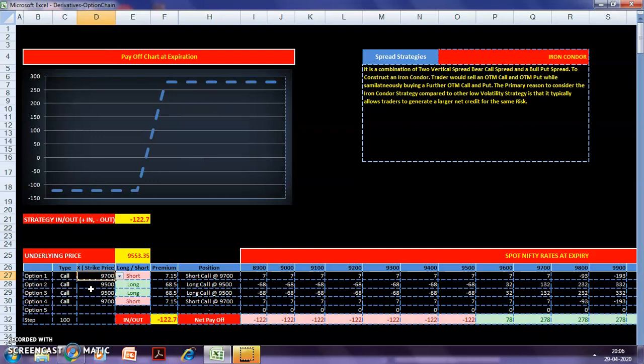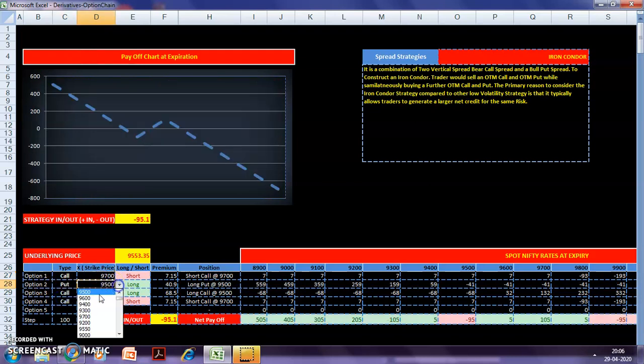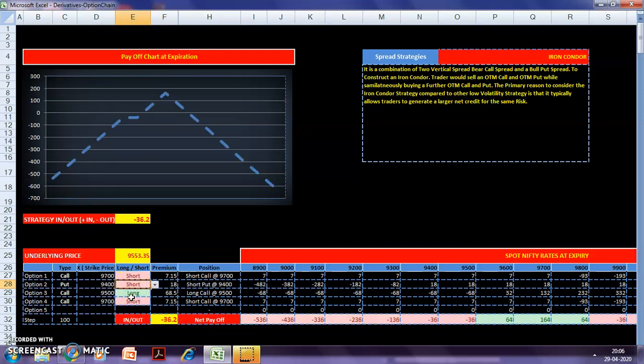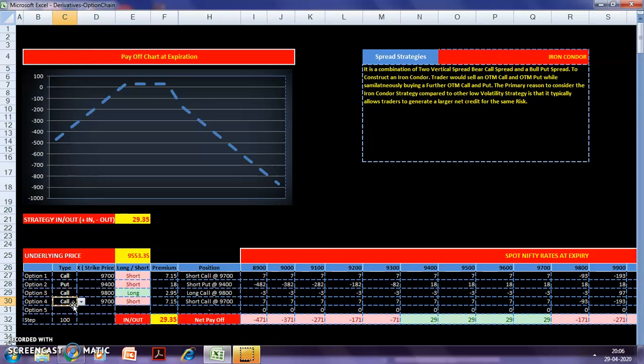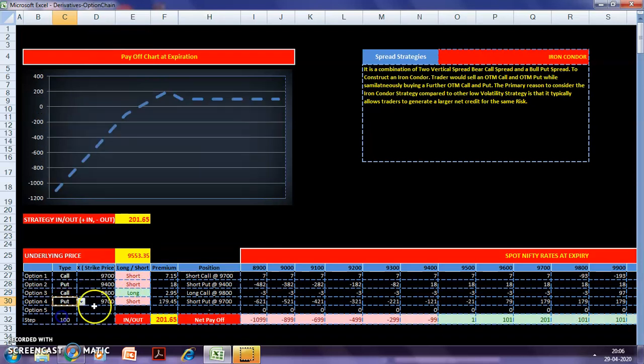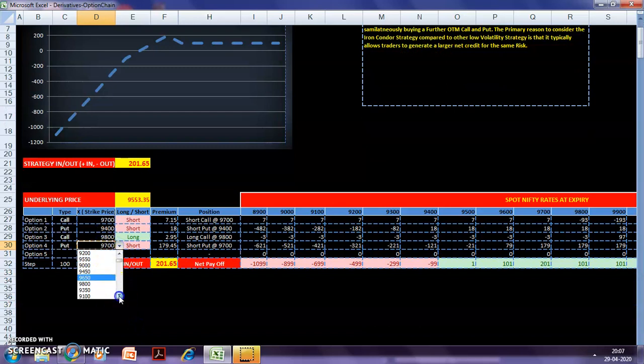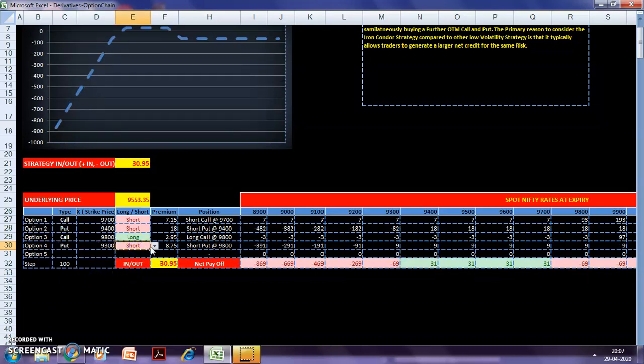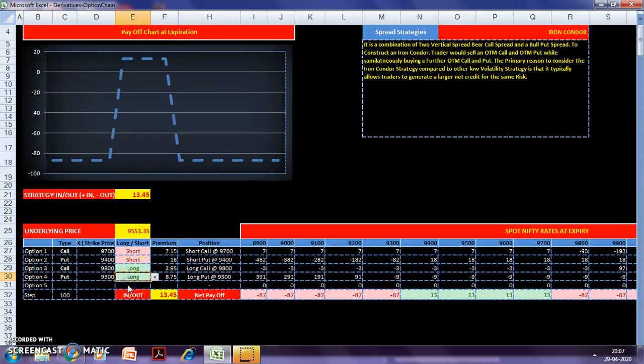So we sell a 9700 call, and we sell a 9400 put, while simultaneously buying a further out of the money call, a 9800 call, and a further out of the money put, a 9300 put.